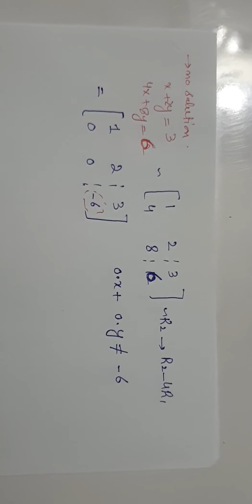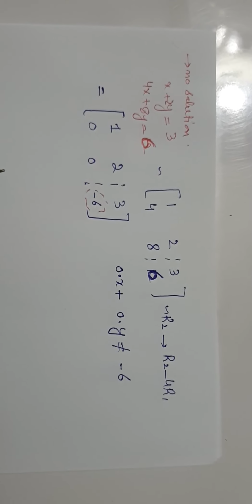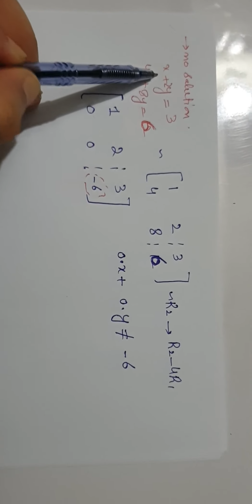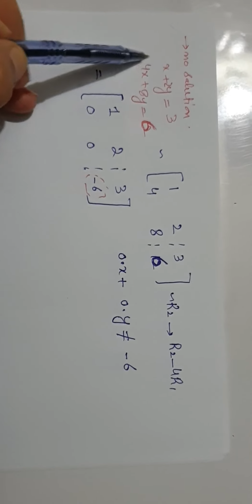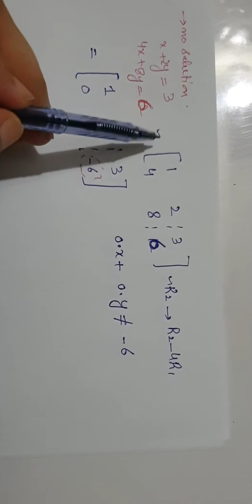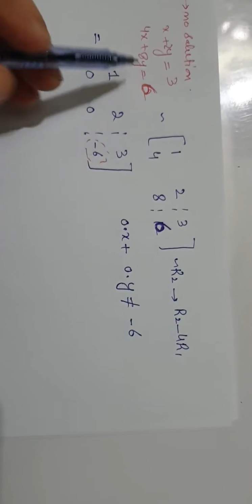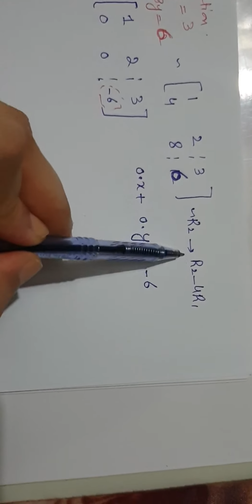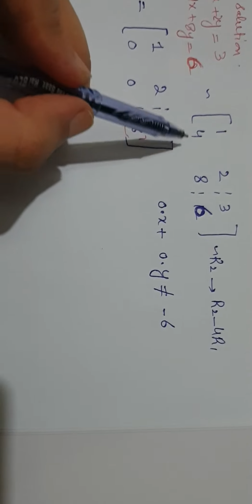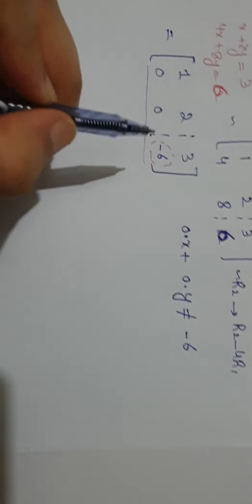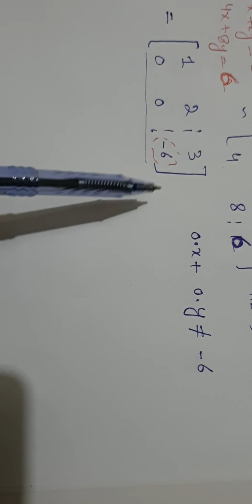Okay, let's discuss the last or third case where no solution exists. This is the form of the system of equations where no solution exists. I have written its augmented matrix and then I performed the row operation R2 minus 4R1, and when I perform this operation on the given augmented matrix, I obtain this form of my system.